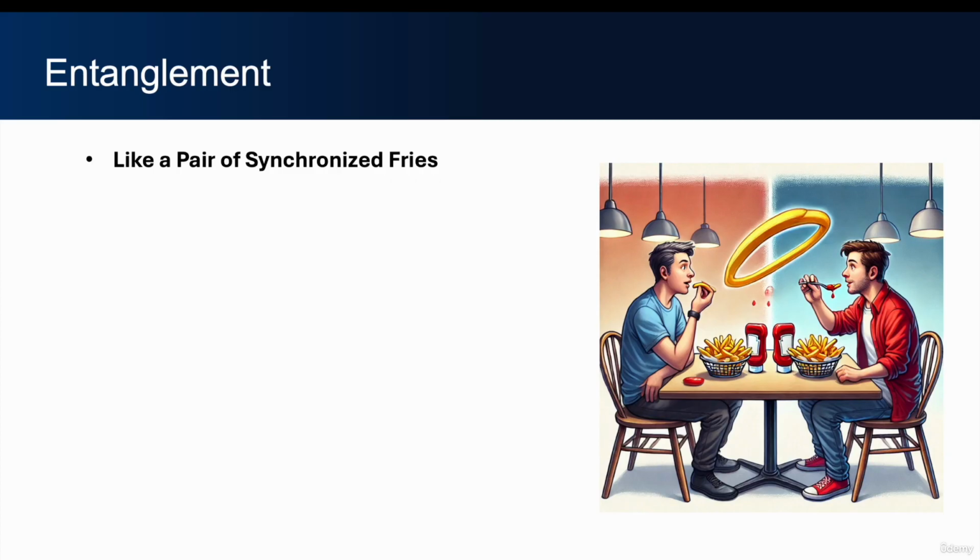Next, let's talk about entanglement, which is like a pair of synchronized fries. Imagine you and your friend each order a plate of fries at different restaurants. Even though this image shows the same restaurant, if you see the red and the blue, it kind of shows that I am ordering fries at one restaurant and my friend is ordering at a different restaurant.